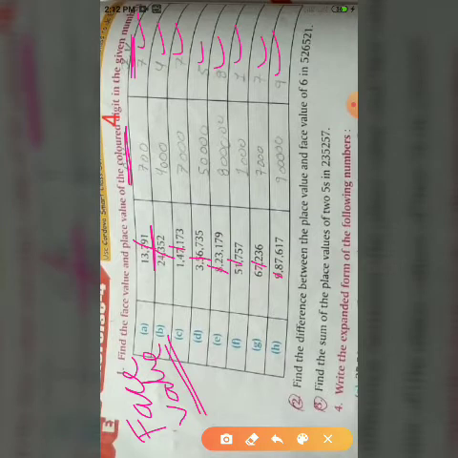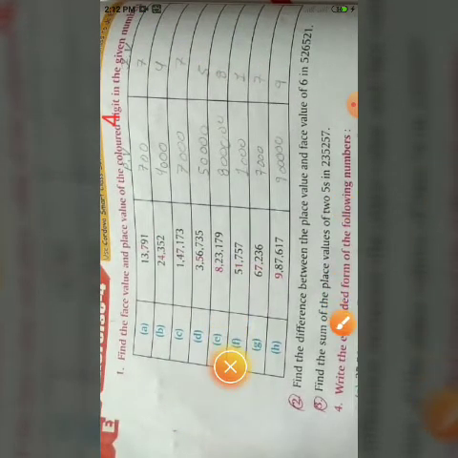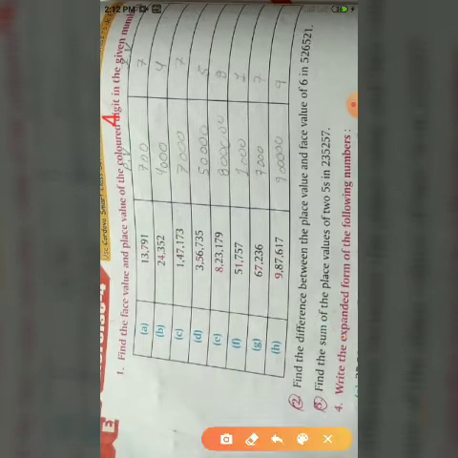The face value of a digit in any number is the digit itself, but the place value of any digit is the product of the digit and its place value.